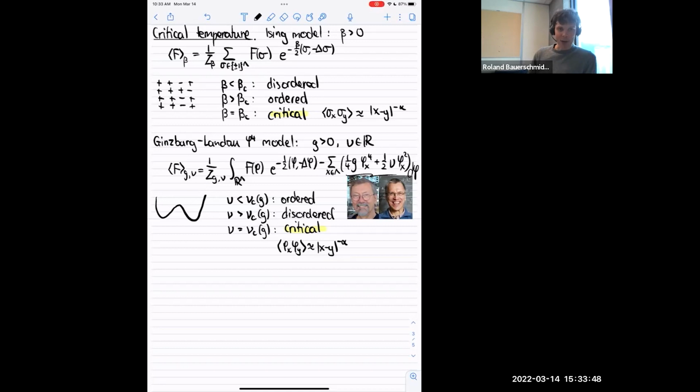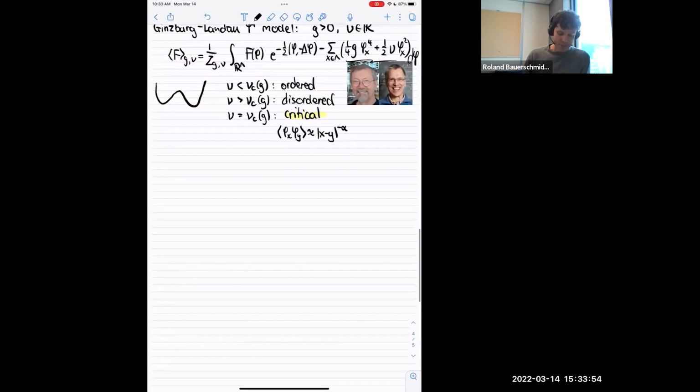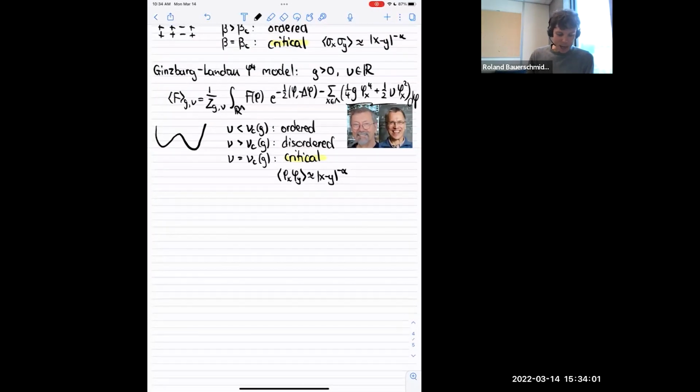Before going to the next class of models of interest, I should maybe say that I've already mentioned that this exponent alpha we expect here would be the same for the Ising and the phi-4 model. In some sense, this is heuristically explained by the renormalization group. I'll get there to a certain extent later on.